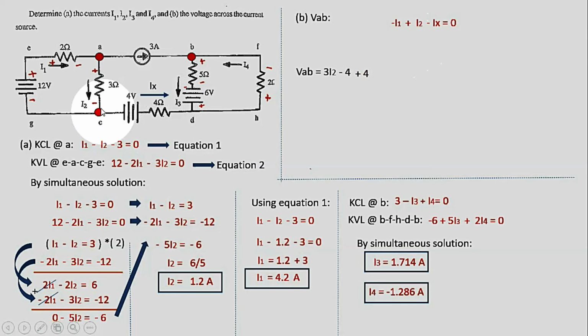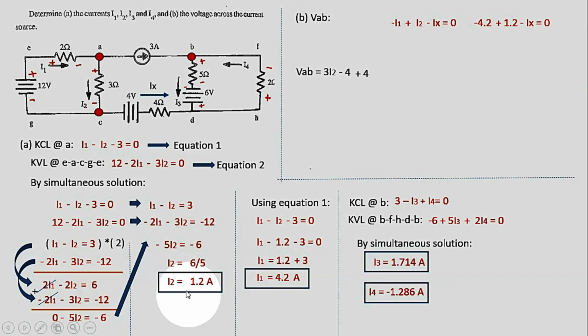So we take the Kirchhoff's current law here. So you know that I sub 1 is going away from this node, I sub 2 is entering this node, and negative I sub x is going away from this node. So this is the Kirchhoff's current law. We have already the value for I sub 1 and I sub 2. So we just plainly substitute it. For I sub 1 you have 4.2, but since this is negative I1, it will be negative 4.2.